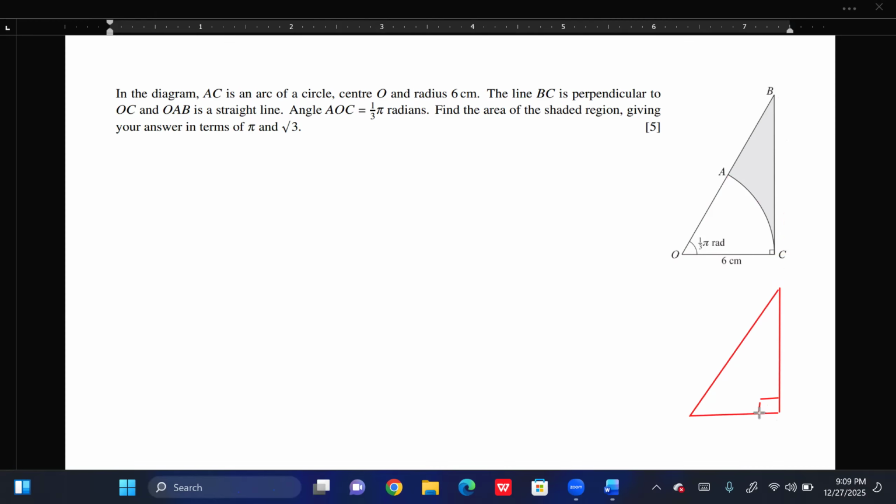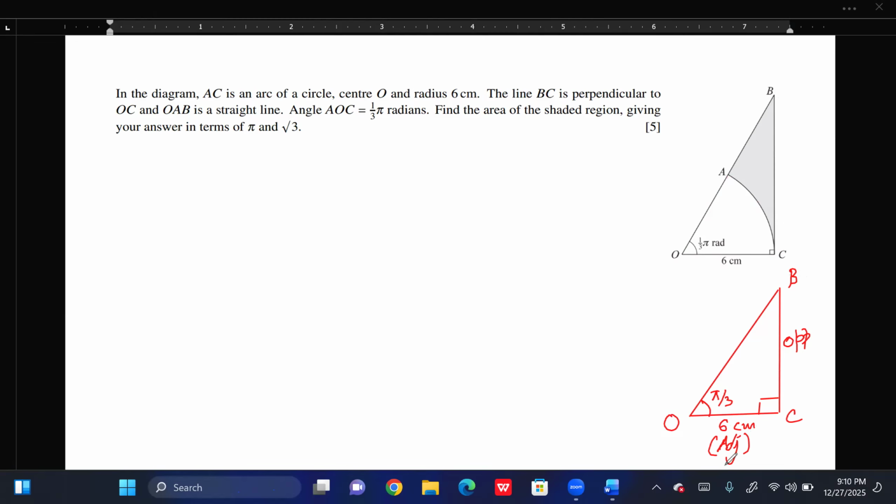This is O, this is B, this is C, and this is the angle given, which is pi over 3 radians. The length 6 centimeters is also given. In this right angle triangle, BC is going to be the opposite, and 6 is going to be adjacent.